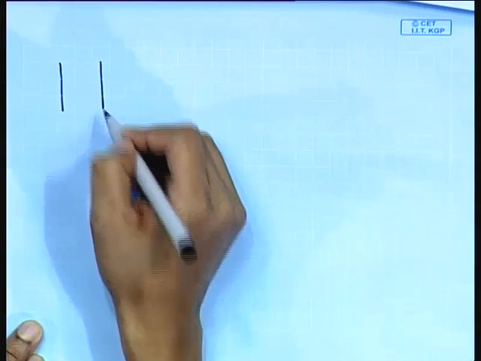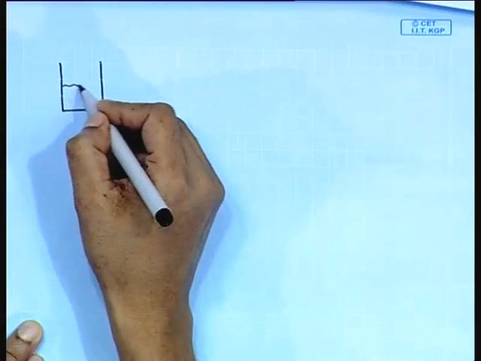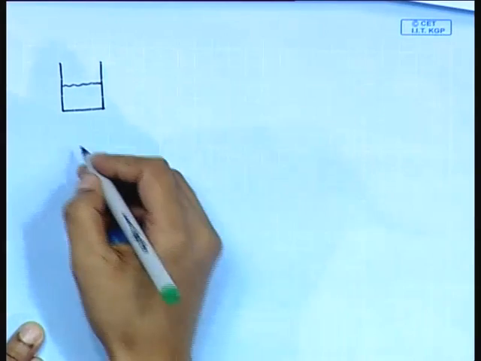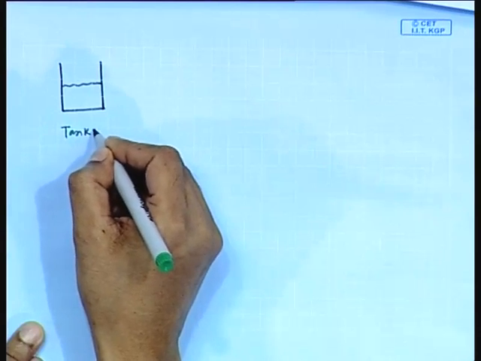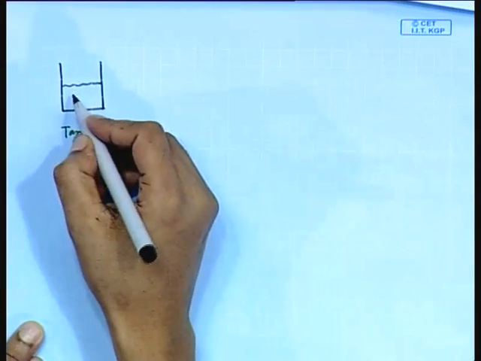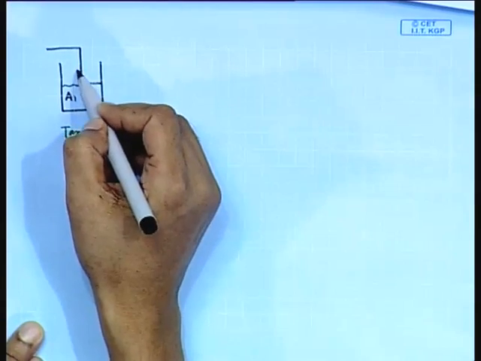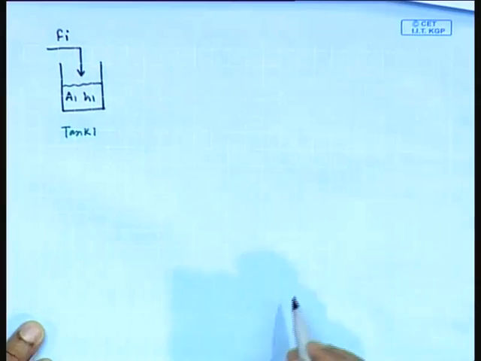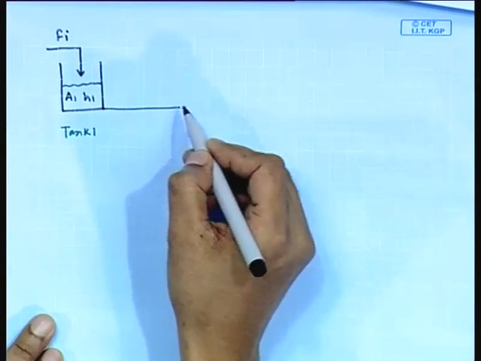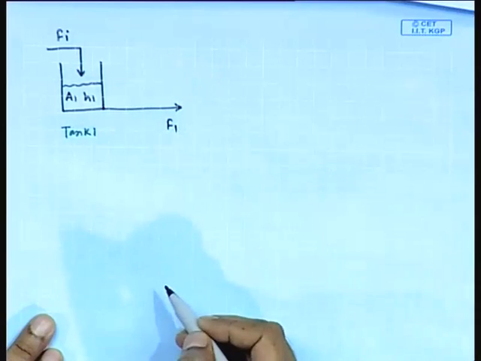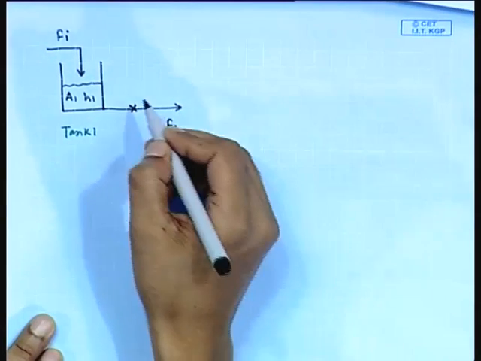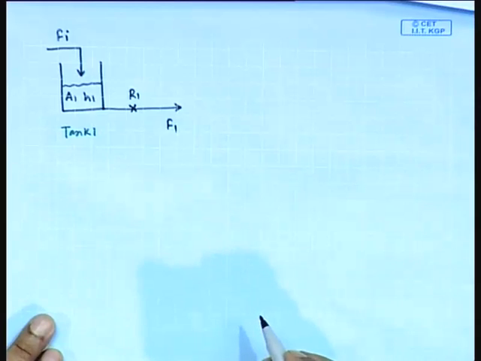In another way also we can connect the two tanks. This is tank 1, cross sectional area is A1, height is H1, inlet flow rate is Fi, outlet is F1 and resistance is R1.